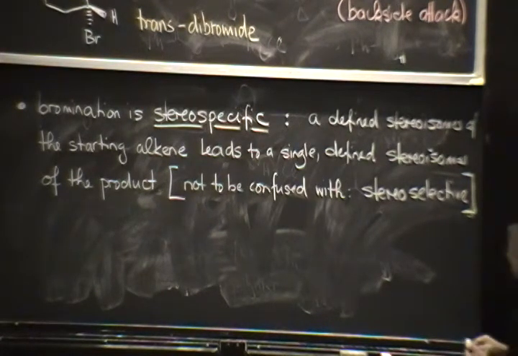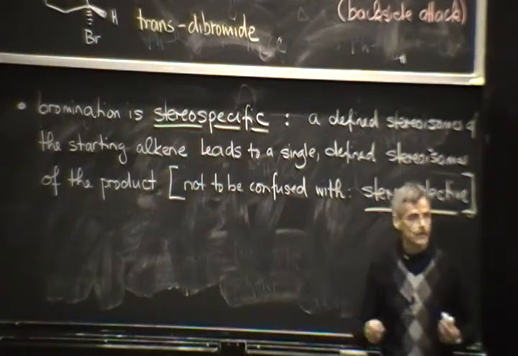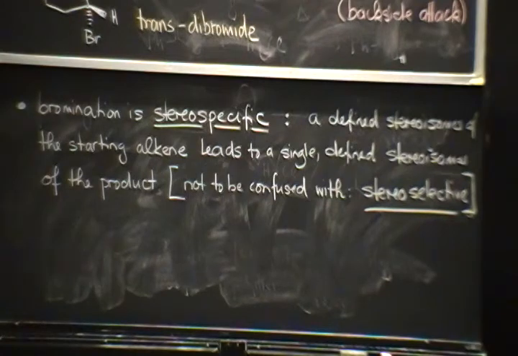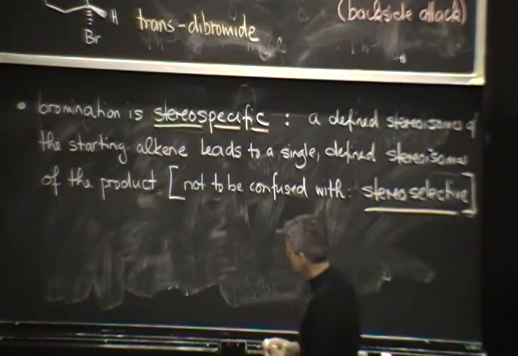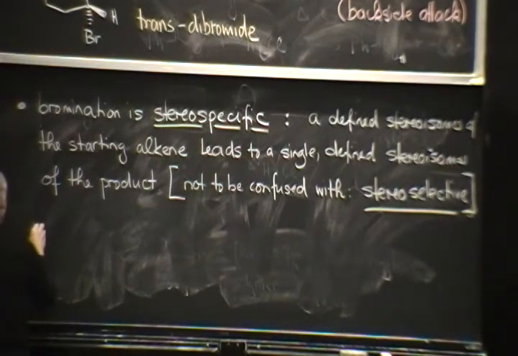But here, we are referring to an arrangement of groups in space. And so it's different from a regioselectivity. And I can again go over the difference later on, but let me first give you an example for what stereospecificity means in the context of the bromination reaction.